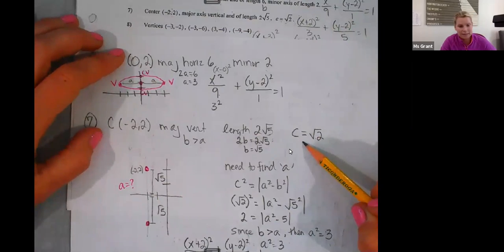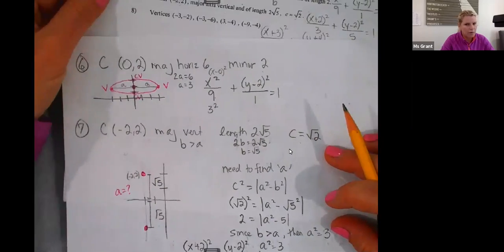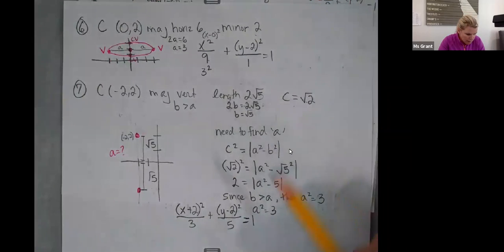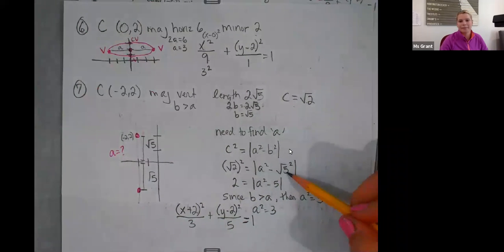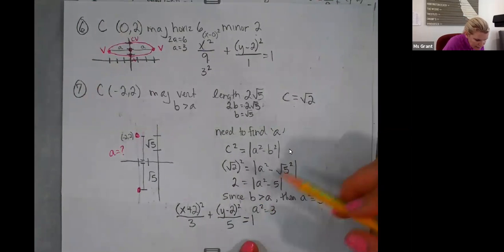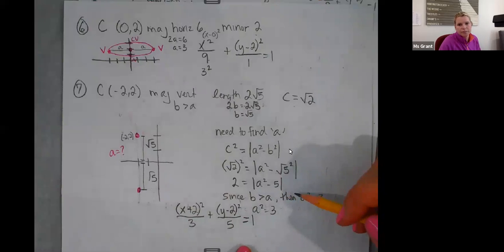I don't know what A is, so I'm going to use my formula. Check this out. C squared equals the absolute value of A squared minus B squared. C is rad 2, so I plugged that in and I plugged in B, rad 5. Then I said, 2 is equal to something minus 5.